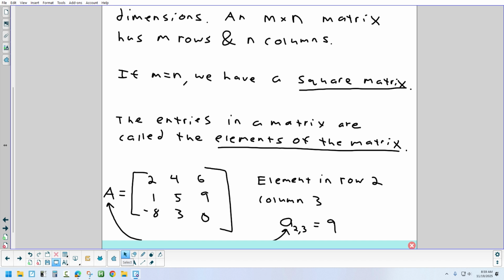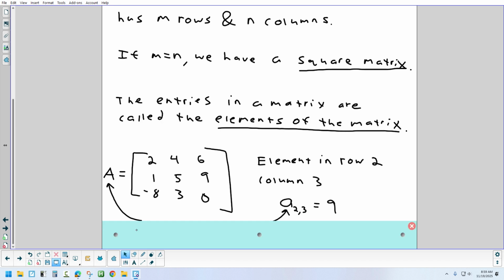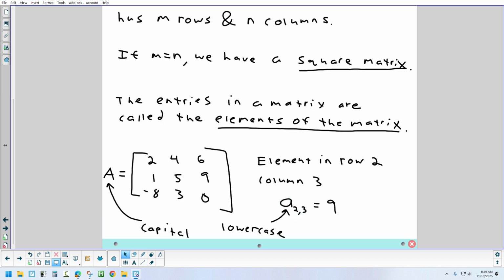If you want to refer to a specific number in the matrix, this is the notation that you use. You use the same letter as the name of the matrix. You just use the lowercase version. And you put a little subscript, almost looks like a coordinate. It's not a coordinate because it doesn't have parentheses.